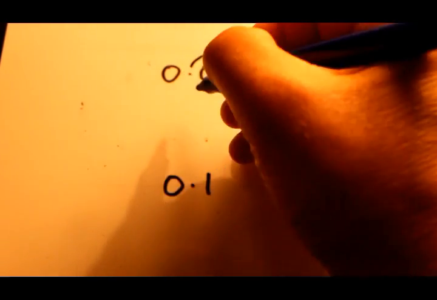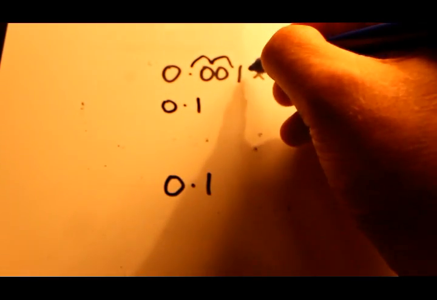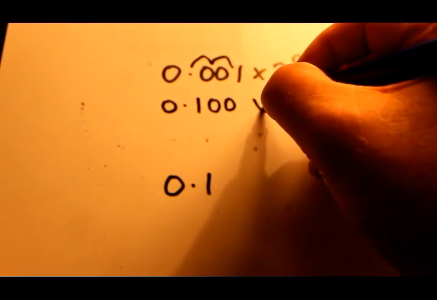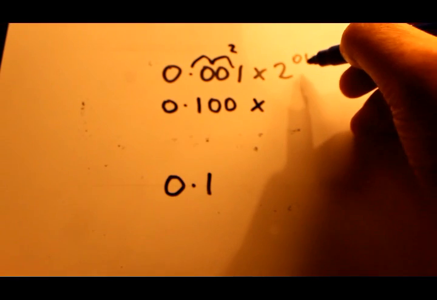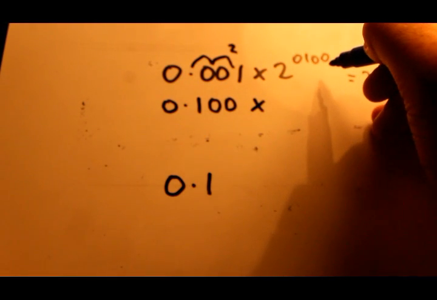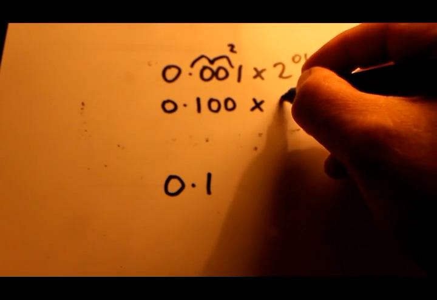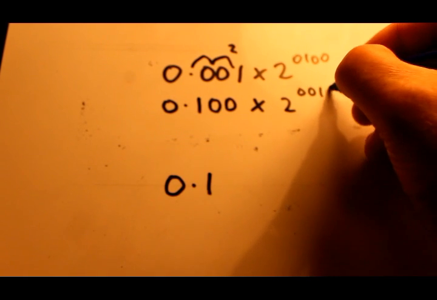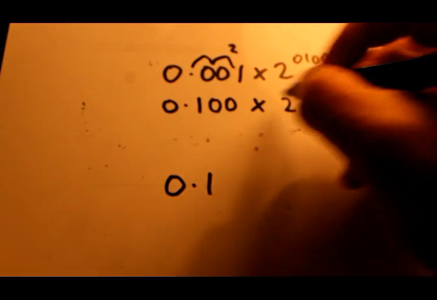That leaves us with the number 0.1, and because we've moved the decimal point 2 places, we take 2 off of the exponent, and now we have the normalised version of 2.